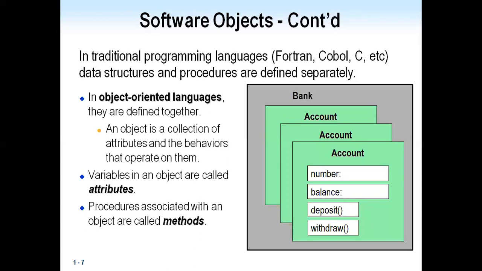If the attribute has fractional values, it is represented by a floating point variable. If it is a whole number, it is represented by an integer. And behavior is represented by methods, that is, the functions of the particular object. The methods here are deposit and withdraw.